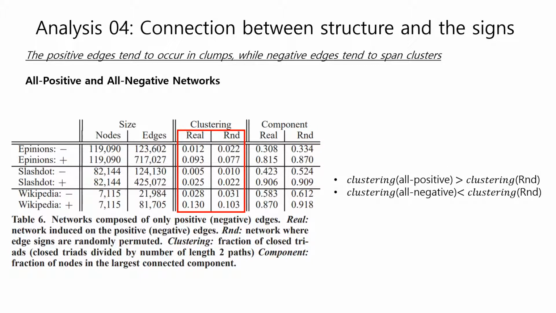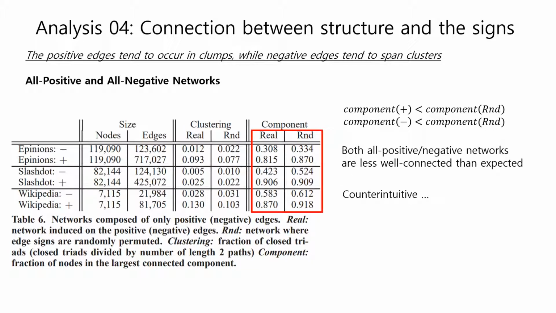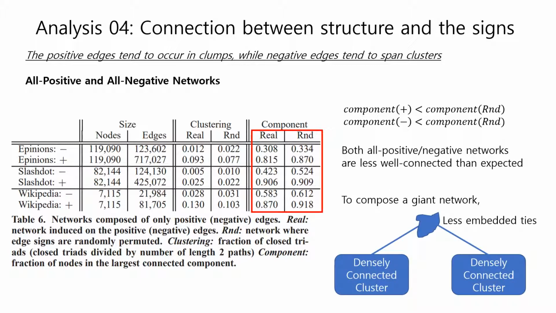All positive networks have significantly higher clustering than their randomized counterpart. This observation further reinforced the general conclusion we discussed in the beginning. However, results on components seem to be counterintuitive. They provided alternative explanations.